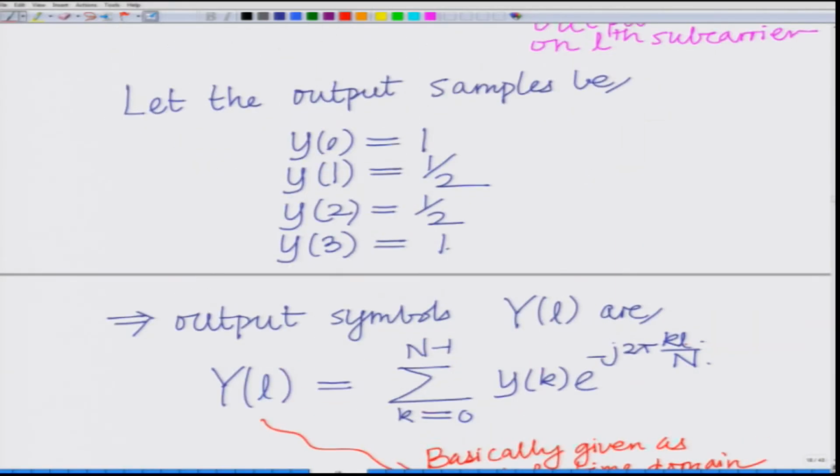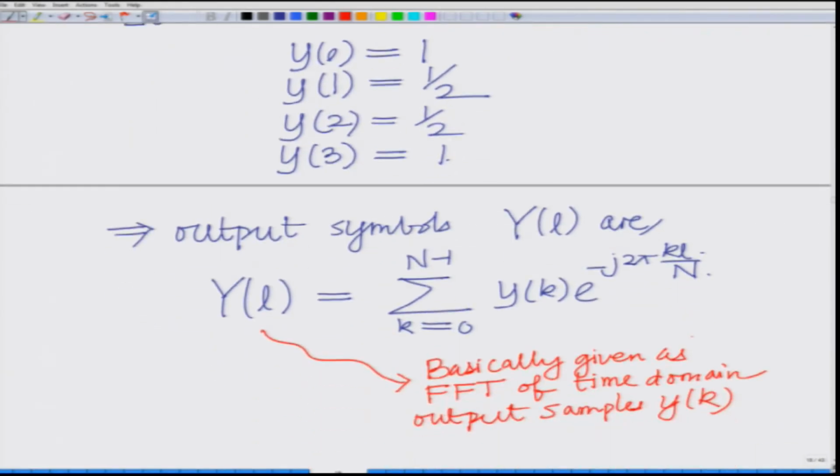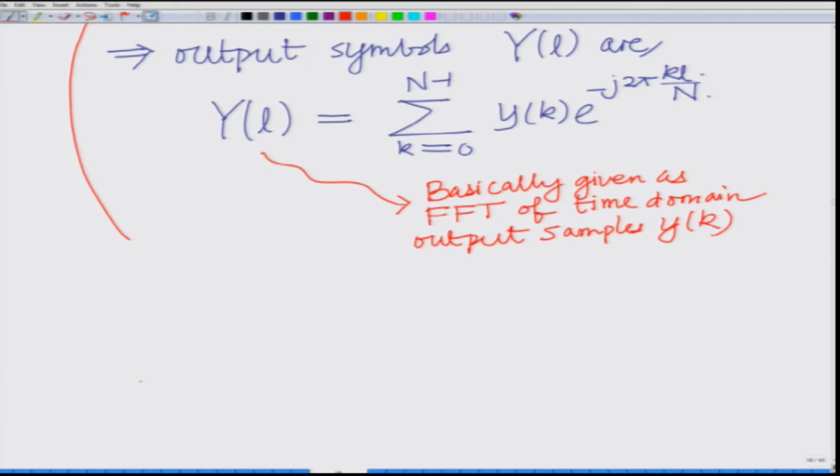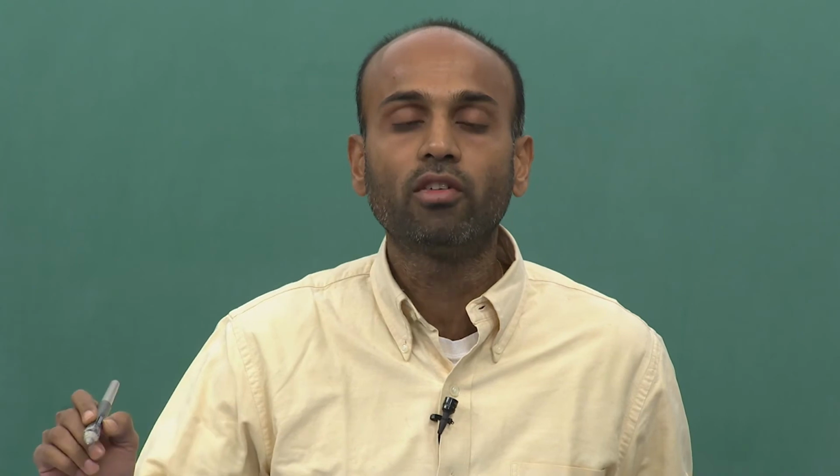We already said y0 equals 1, y1 equals half, y2 equals half, y3 equals 1. We have calculated the FFT of these output samples before, in the OFDM example.